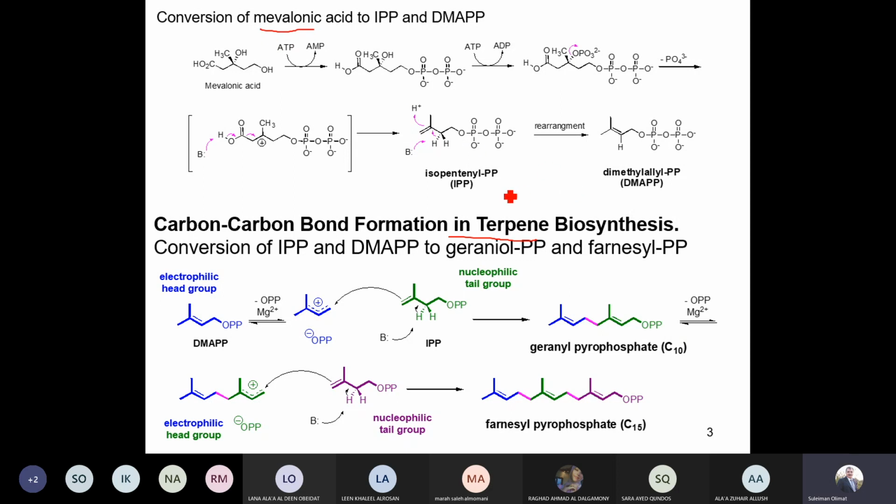Remember, starting previously when we talked about volatile oil, isopentyl pyrophosphate reacts with S-isomer dimethyl allyl to form our geranyl pyrophosphate.